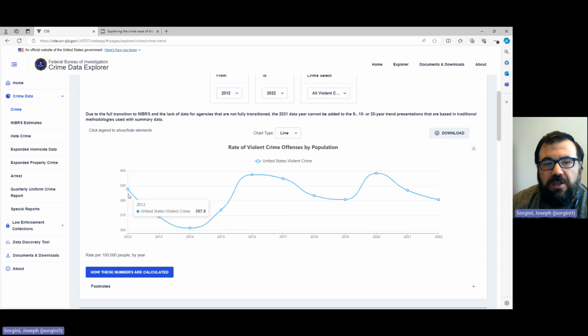You can see in 2012, there was a large amount, then it started to dip, then we went back up, then it started to dip slightly, and then we went back up. And this is a rate per 100,000 people per year. So the number you're seeing here is 387 offenses per 100,000 people per year. So it gives us some ability to standardize the data by doing it per 100,000 people.